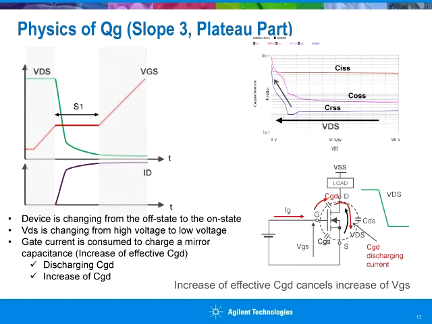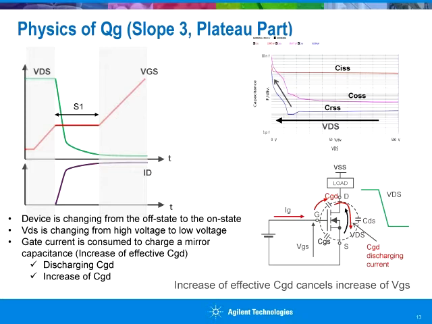At the plateau part, the physics is pretty complicated. During the transition from the off state to the on state, the drain voltage changes from the off voltage to the on voltage. And during this, the operating point moves from here to here. The on capacitance is changing, increases.